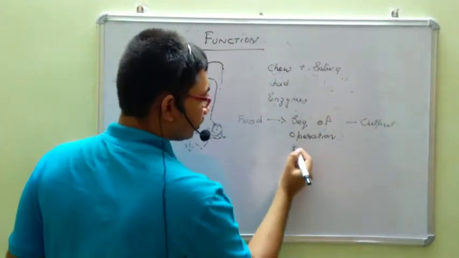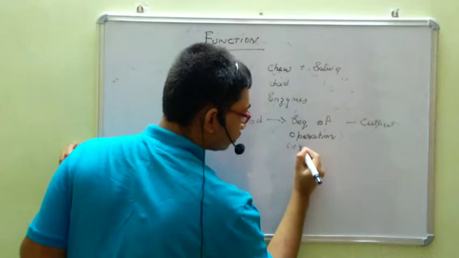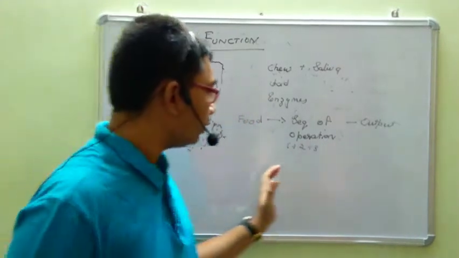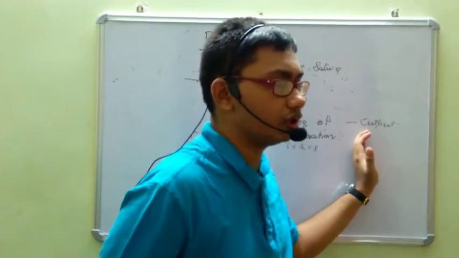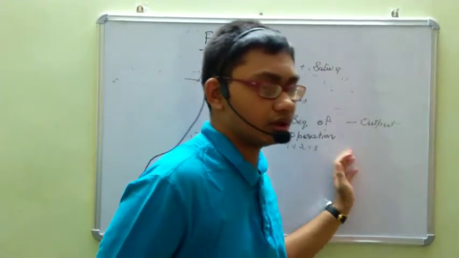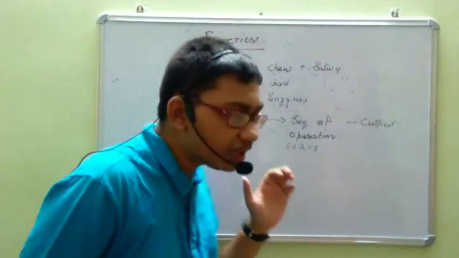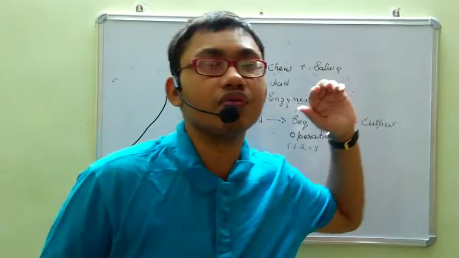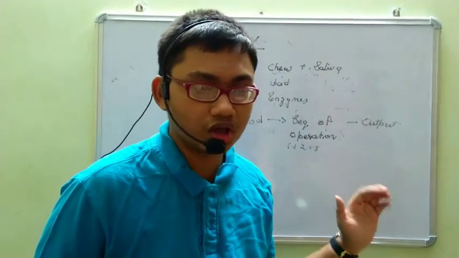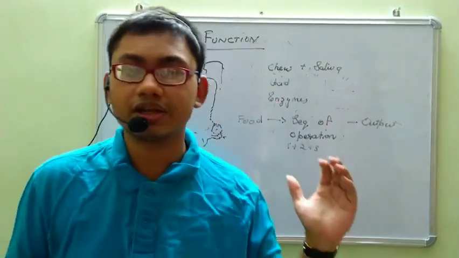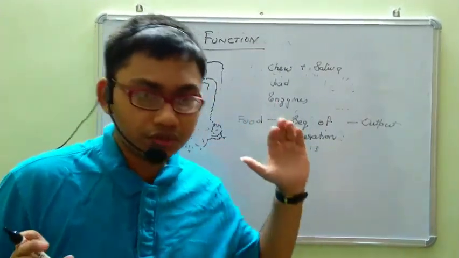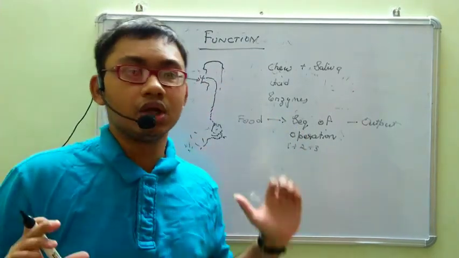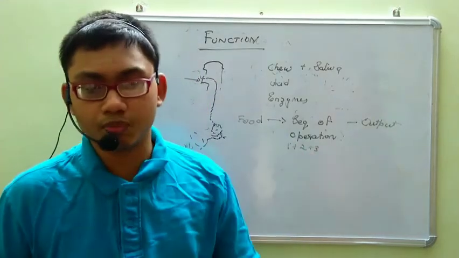Each of these operations, let's say 1 plus 2 plus 3, there are only 3 operations, and these 3 operations together convert the input into output. This sequence of operations is defined by the function of digestion. We usually call it a process, but it can also be called a function. This function of digestion defines the sequence of operations to convert an input into output.